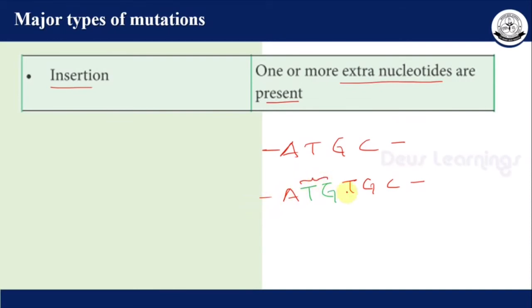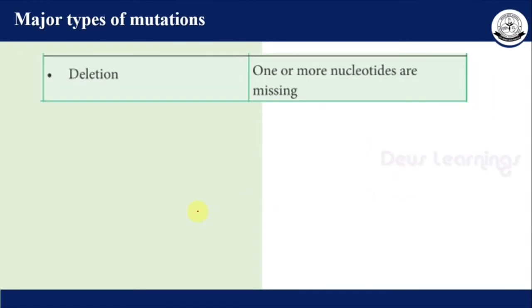So insertion increases the number of nucleotides. Or deletion. For example, again we have A, T, G and C. For instance G is deleted, so it will be A, T and C. So G is gone. That will also be a mutation, right? But how the mutation reflects in the outcome, for that you have to understand transcription and translation. Once you finish transcription and translation, it will be easier for you to understand this outcome.